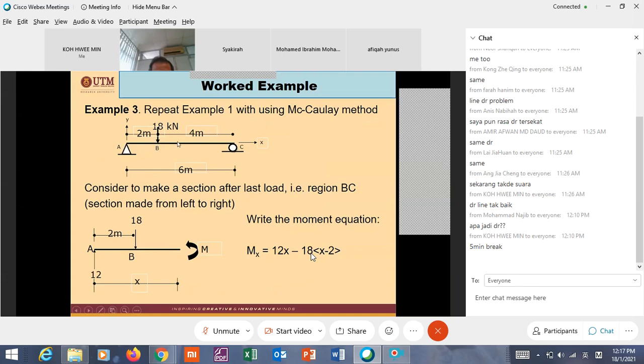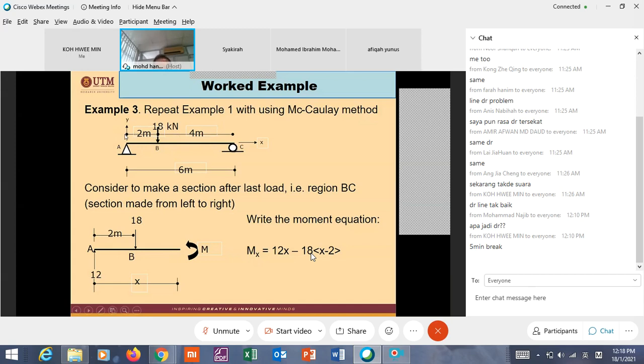If you have another loading here, you go to the last loading or last segment which has passed all the loading on the left hand side. That means you include all the loading on the left hand side.